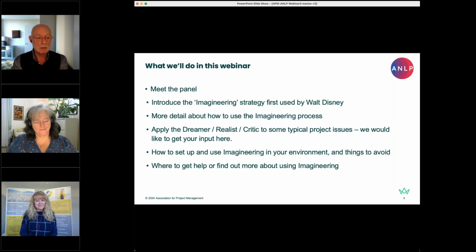We'll meet the panel in a moment, and then we'll be talking to Robert Dilts, who really introduced the Imagineering concept as a modeled way of doing this sort of development. Then we'll look in more detail at how we use the Imagineering process. Then we'll apply the roles of the dreamer, realist, and critic, those names you've just given us your feedback on, to some typical project issues.